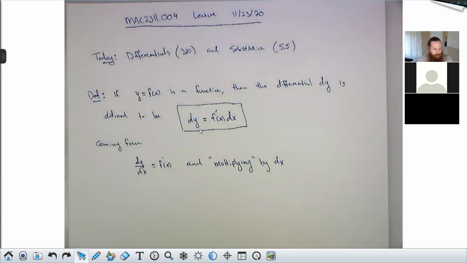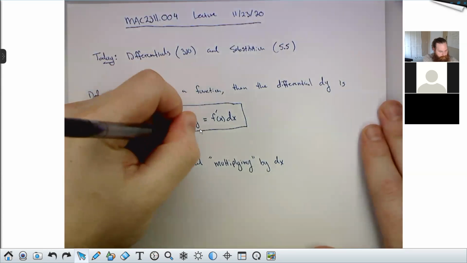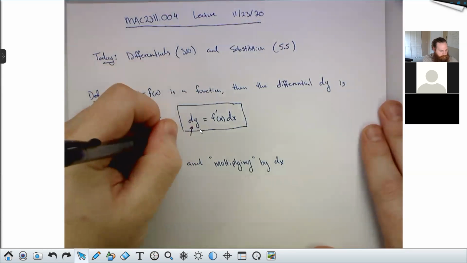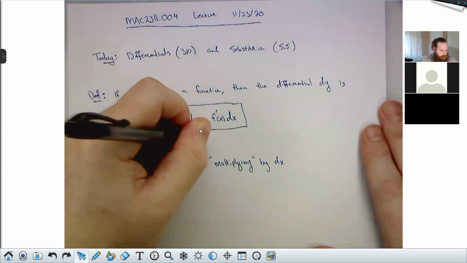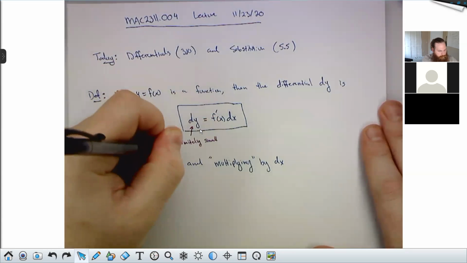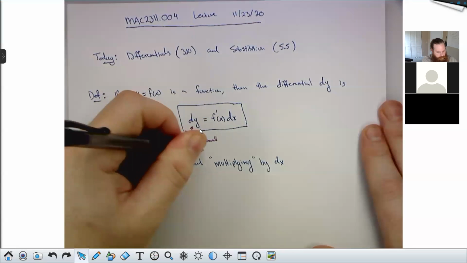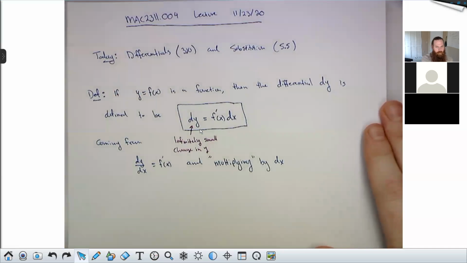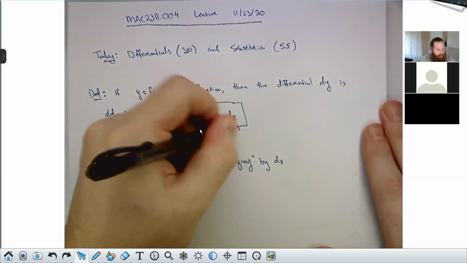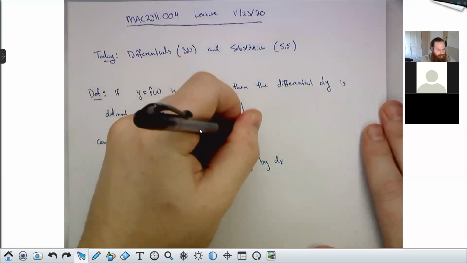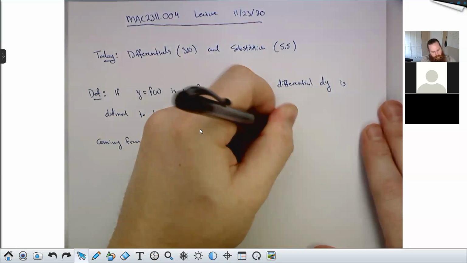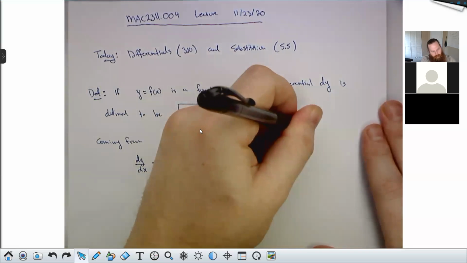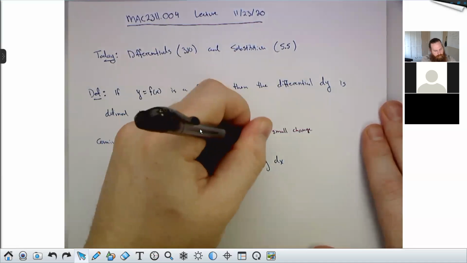This is the infinitely small change in y, and dx is the infinitely small change in x.